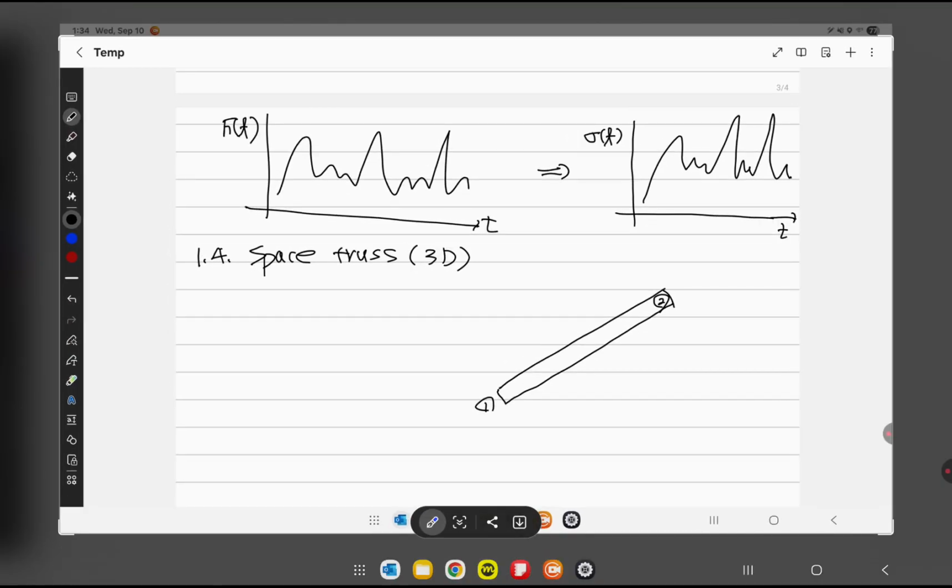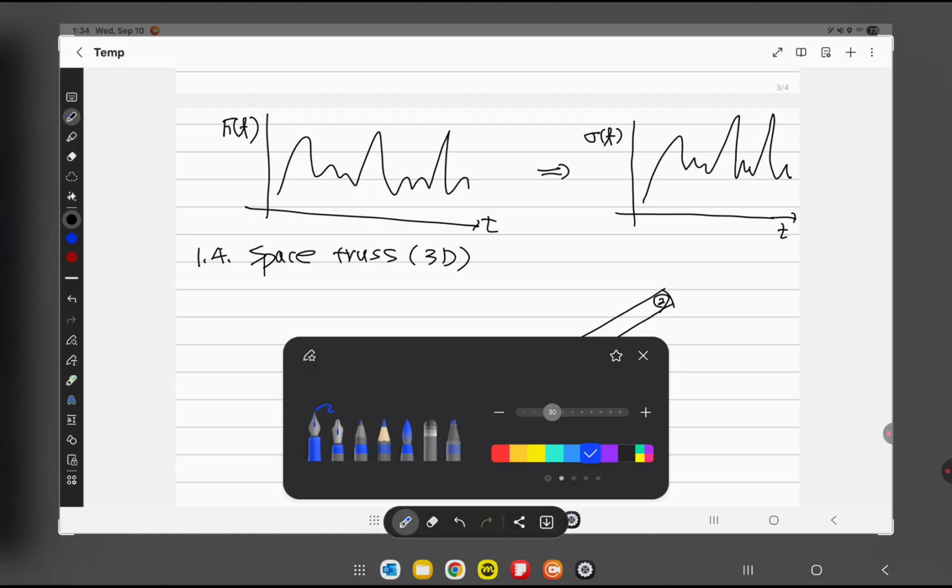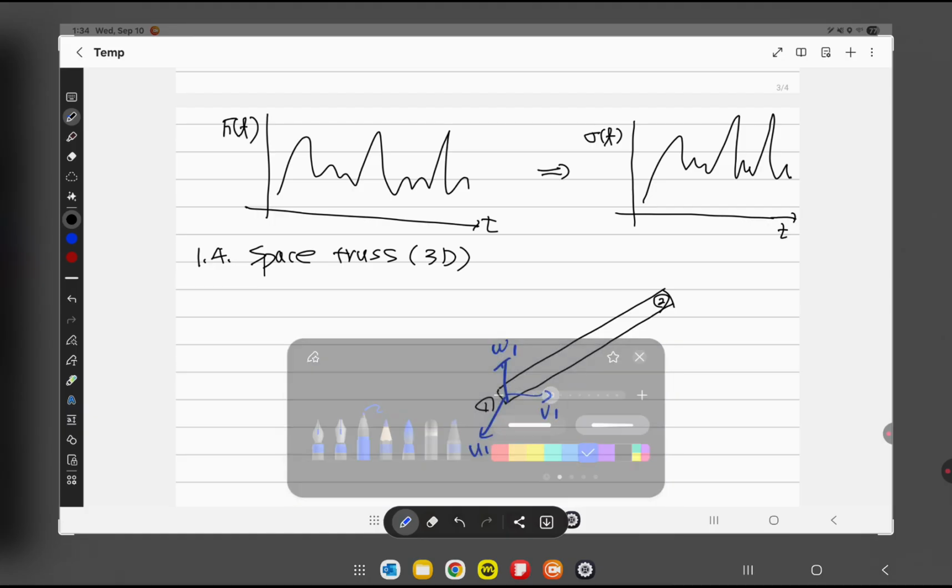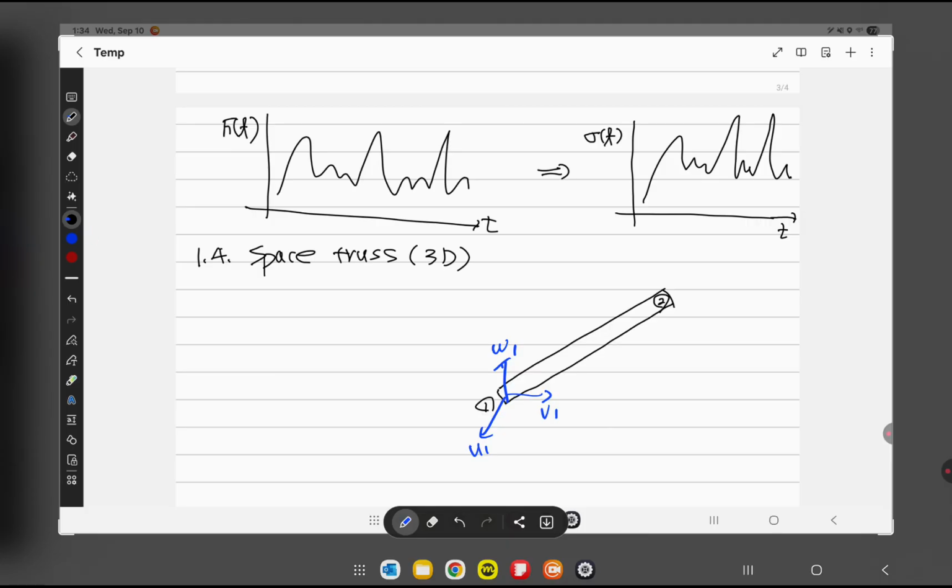How do we get 6 degrees of freedom? Every node can move in x, y, and z. That's all the degrees of freedom: whatever direction you can move. So this is, let's say, U1, V1, W1, and then node 2 has the same: U2, V2, W2.